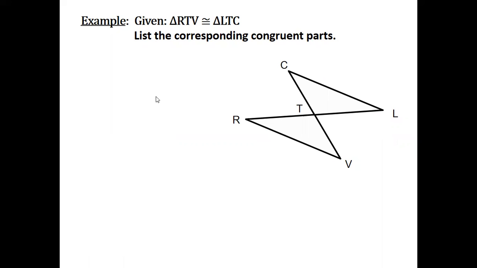First with second, like here, it will be RT with LT. So we will go to the figure, RT with LT. Second, TV with TC. And then the third, it will be RV with LC.